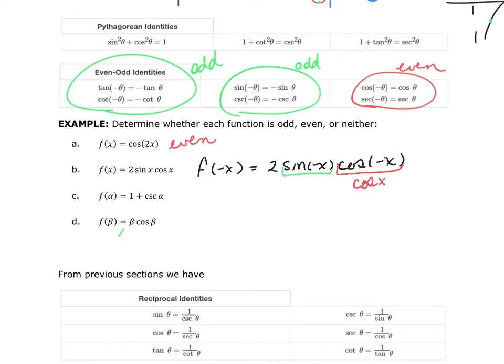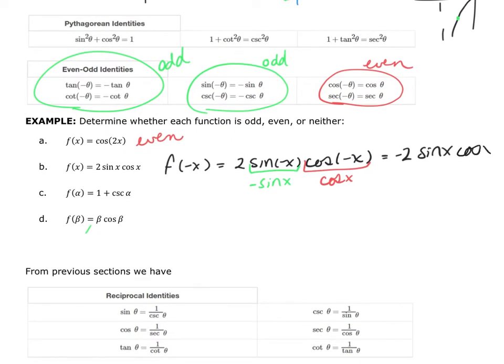Because sine is odd, this has become negative sine of x. So what I now have is negative 2 the sine of x, cosine of x, which then tells me that this entire function together is odd. Because I put a negative x in and I have the exact opposite output sign coming out.